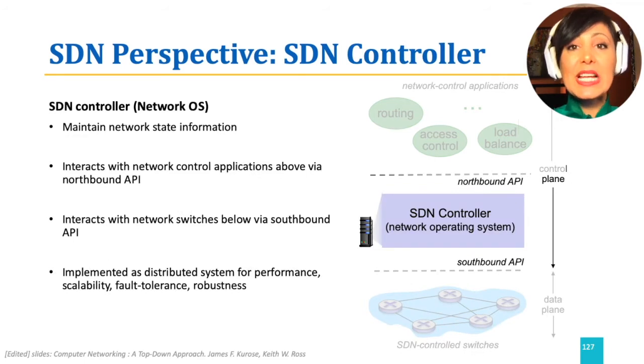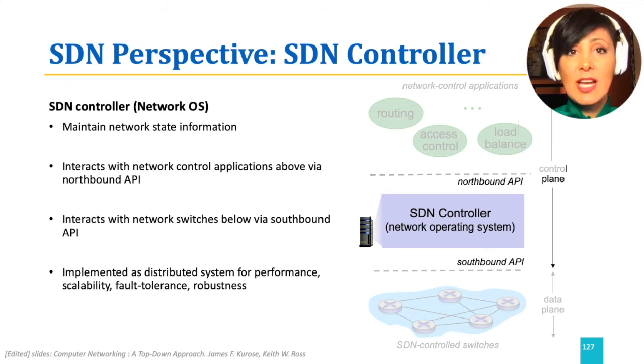The SDN controller is like a network operating system. It maintains network state information. It interacts with network control applications above it using the northbound interface and with network switches below it using the southbound interface. This logically centralized system is actually implemented as a distributed system.